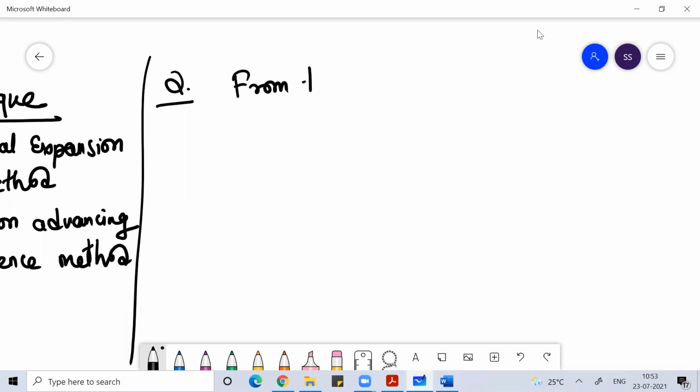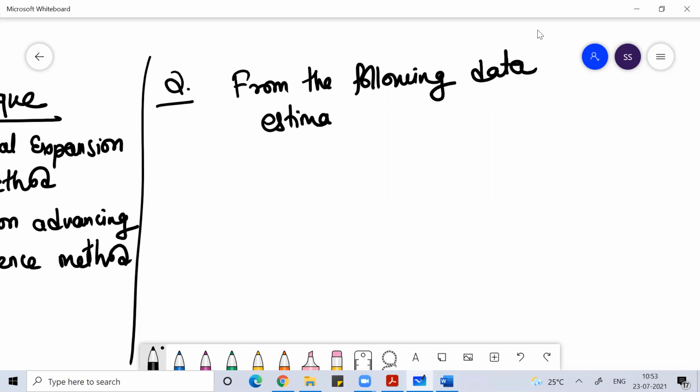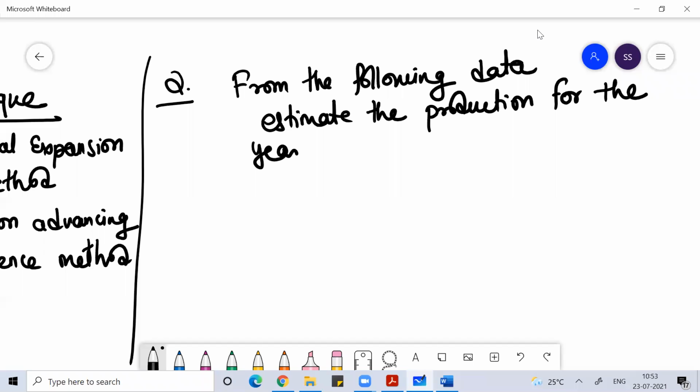From the following data, estimate the production for the years 2001 and 2005 by the binomial expansion method.